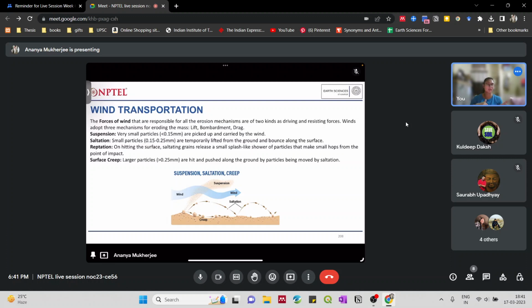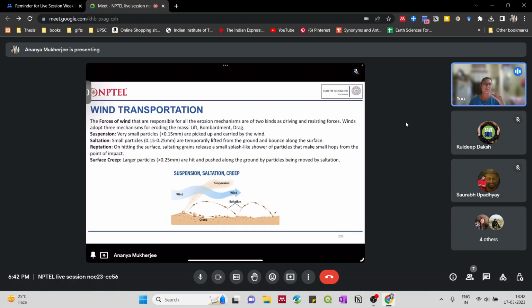Then these sediments are again going to strike another outcrop or another sediment. The next way that winds can transport is by dragging. It can drag the sediments along the surface of the earth also.